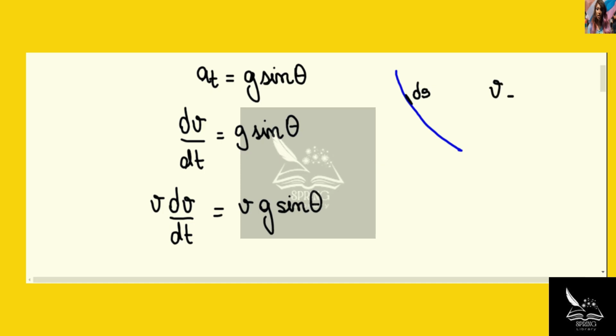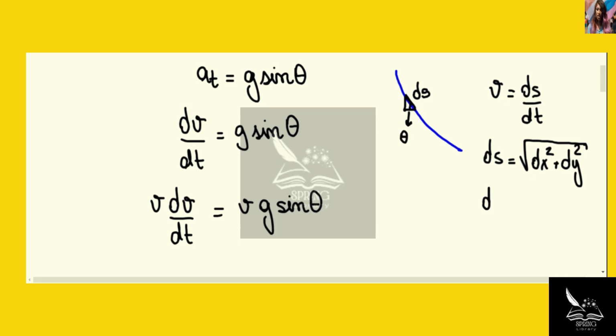Notice that v is equal to ds/dt, where ds is equal to the square root of dx squared plus dy squared. Another way to express it is to realize that this angle here is theta, so dy is equal to sine of theta times ds.